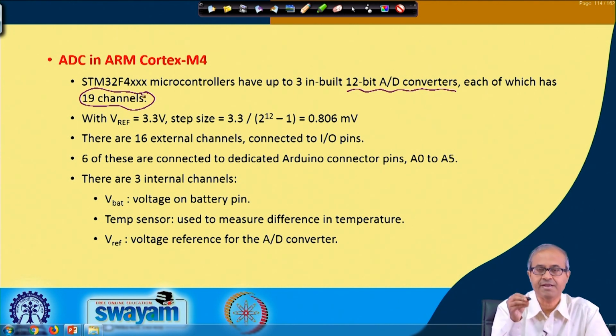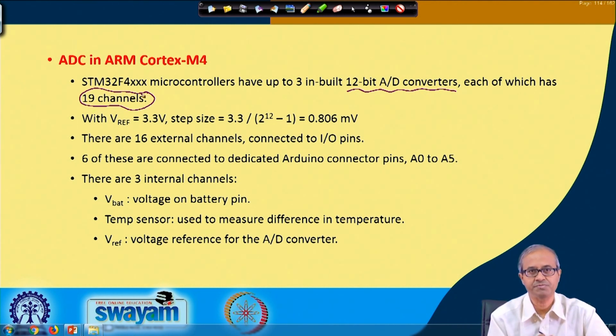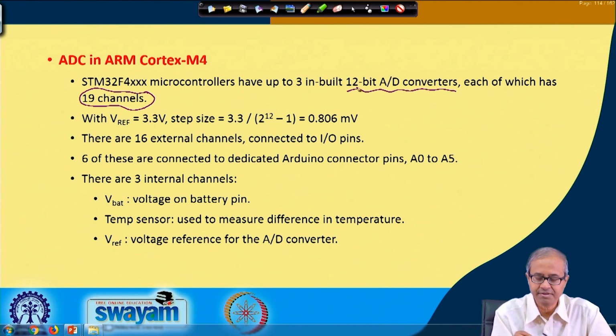That means the analog multiplexer has so many inputs, right. So, for 12-bit, if your reference is 3.3 volt, as you can see, your step size will be much smaller. So, your accuracy will be much higher, 0.8 millivolts, that will be your accuracy.